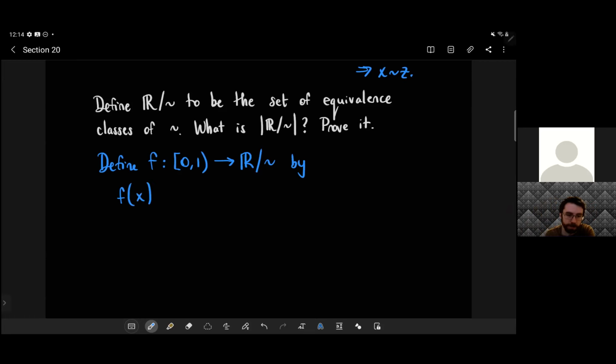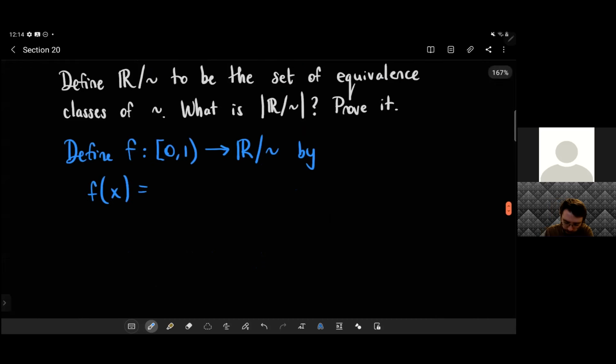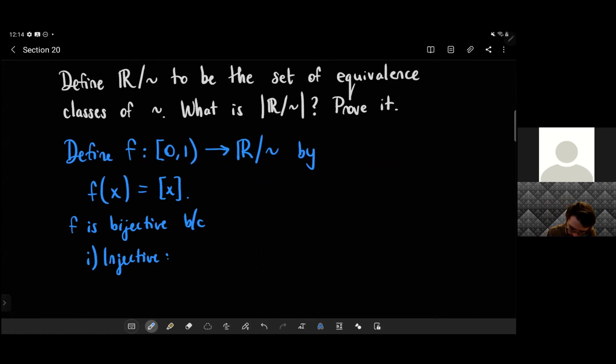So for any x you give me in the interval from 0 to 1, I just spit out the set of all points that are equivalent to x. So spit out the equivalence class of x. Ta-da, that's my function. Again, f is bijective because, 1, injective: suppose f of x equals f of y.